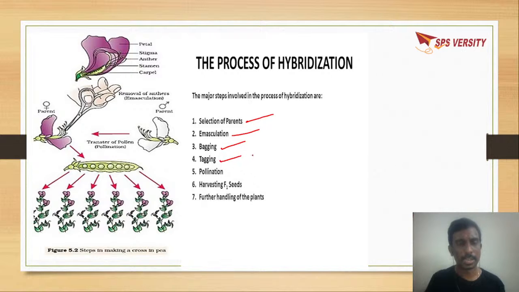Tagging, that is writing the details on the bag, on which date emasculation is done, pollination is done. Collecting F1 seeds, and further, again doing the same process for many generations. So this is how the hybridization process is carried out in forming a variety.